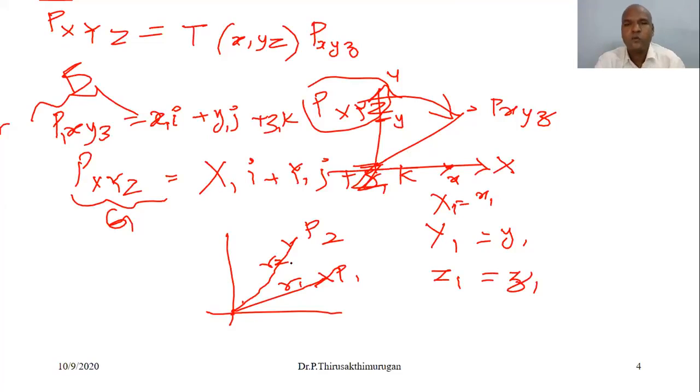What is a vector? Both magnitude as well as direction. So what happened when it moves to the new position? P2 equals capital X2.